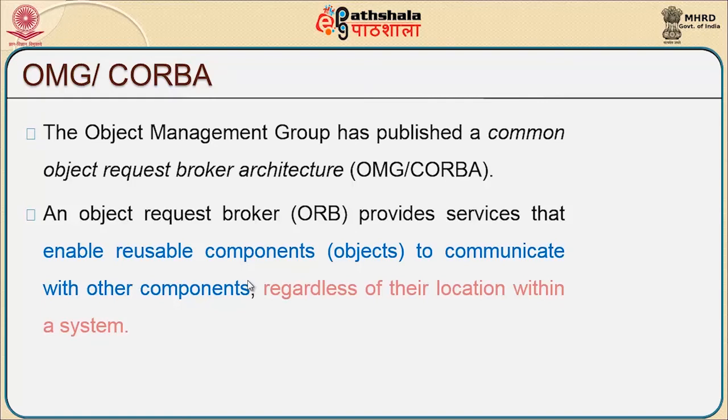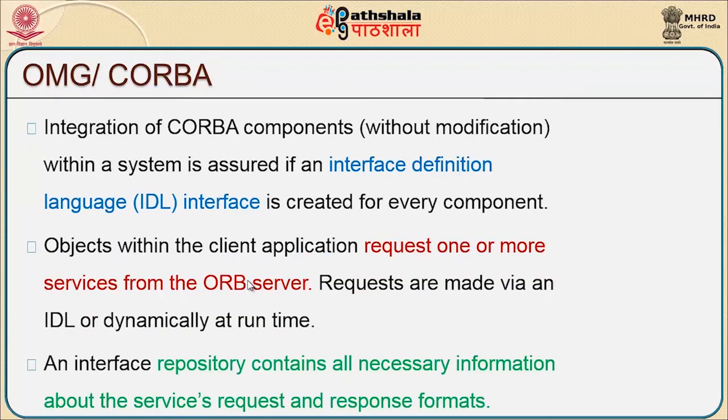By use of this ORB, the object request broker, any number of objects can be reused to communicate with other components regardless of their location within a specific system. Just by calling, it can communicate with others. That is what we have termed collaboration from the object oriented perspective of the component model.